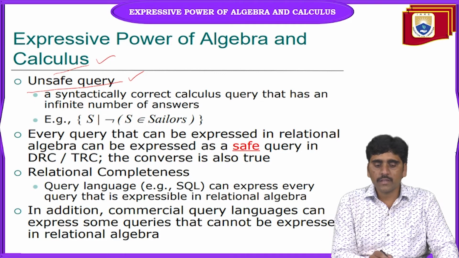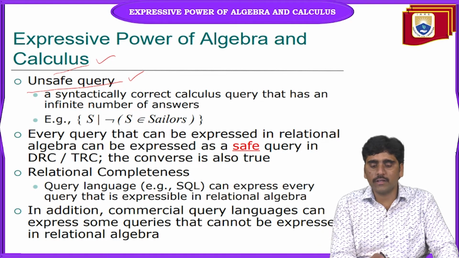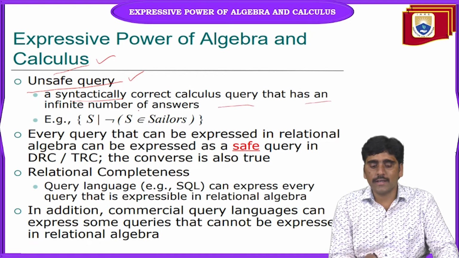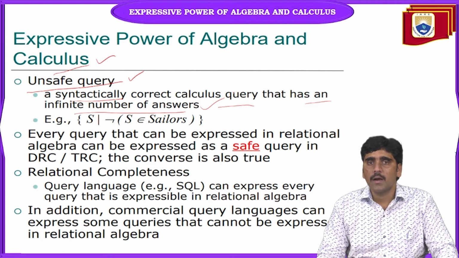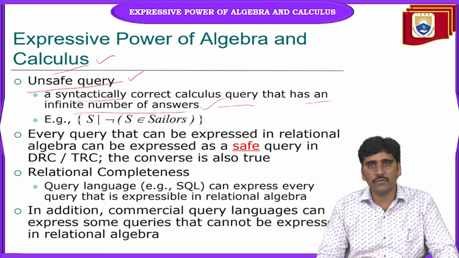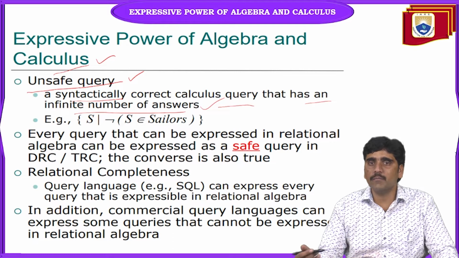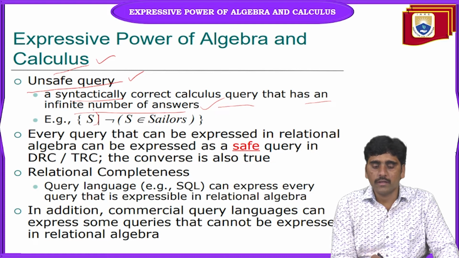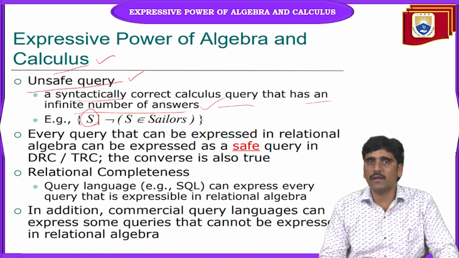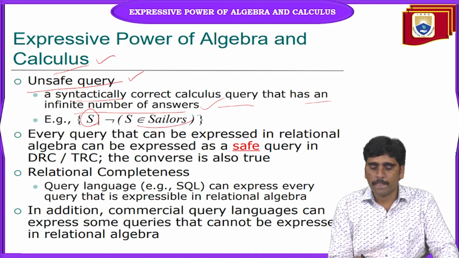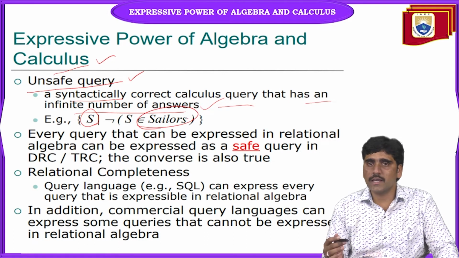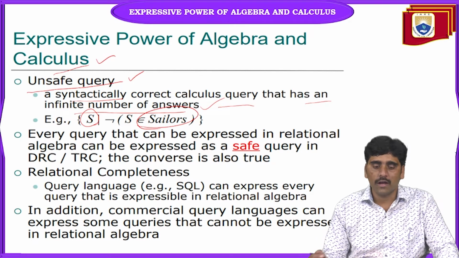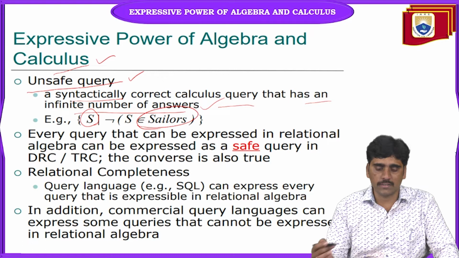So, syntactically, an unsafe query is a syntactically correct calculus query that has an infinite number of answers. Example: this S represents a number of solutions from the Sailors table. The Sailors table shows a list of tuples, a list of answers, and it retrieves a finite number of answers.